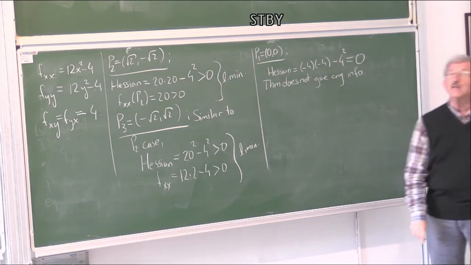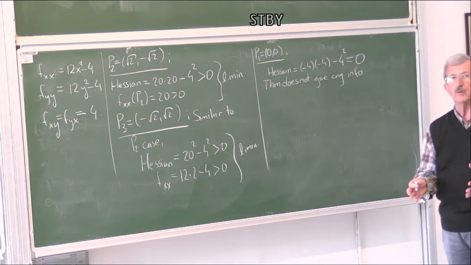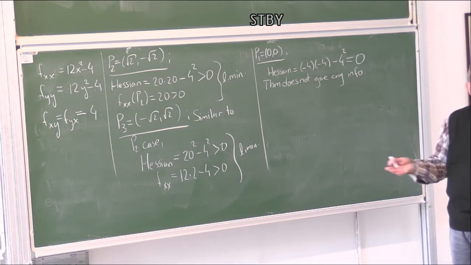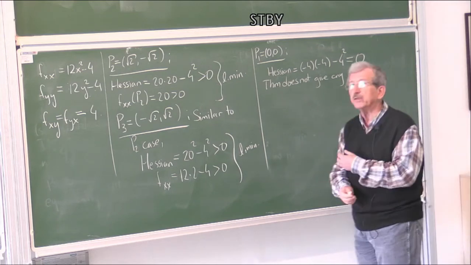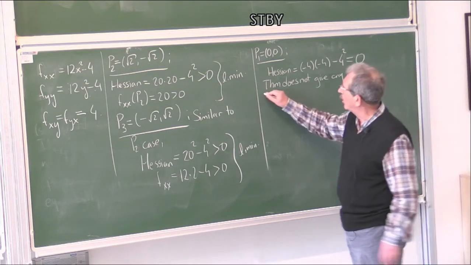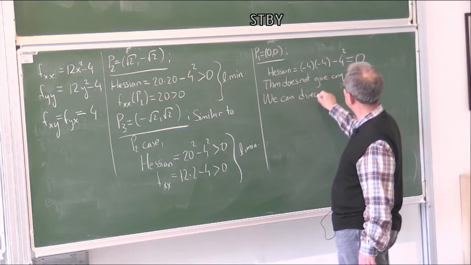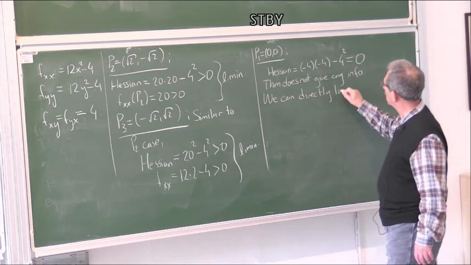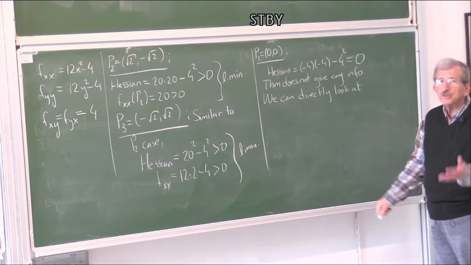Well, this does not mean we don't have a local minimum or a local maximum or saddle point, whatever. Okay. So we have to look from a different point of view. So we can directly look at the function itself.